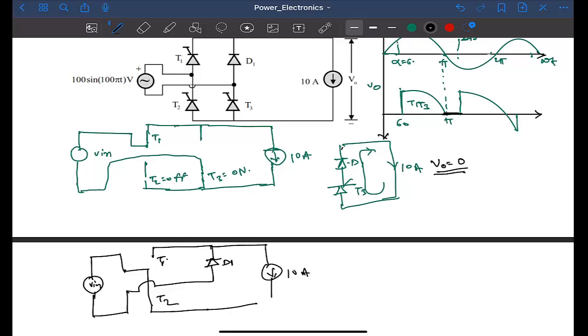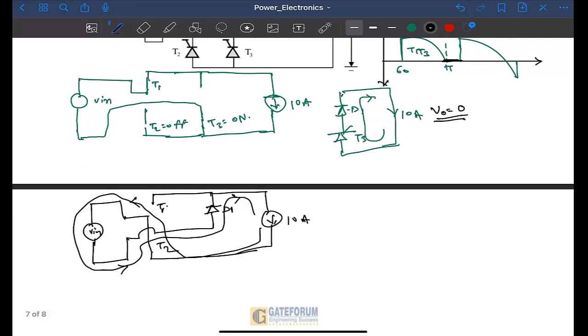And the 10 ampere source will be there, so current will flow like this, correct? Here if you see, T3 is reverse biased and not conducting, and as T3 is a thyristor, to conduct we need to fire it so that it gets on, but it will not turn on since T3 will be fired at 2 pi plus 60 degree.